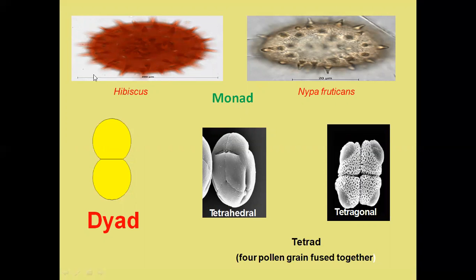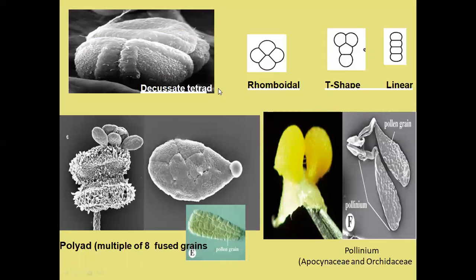Hibiscus has a single pollen grain, that is monad, and Nymphaea fruticans also has a single pollen grain. If two pollen grains are attached, that is called dyad. Tetrads are of many types based on the arrangement of the four spores. This one is the tetrahedral tetrad. Another one is the tetragonal tetrad. Then the decussate type: in the upper portion, two pollen grains are one above another, and in the lower portion two spores are side by side, that is called decussate tetrad.